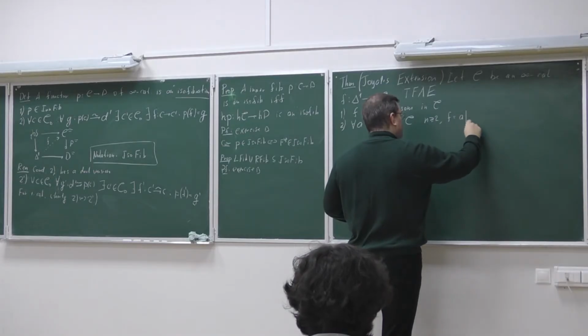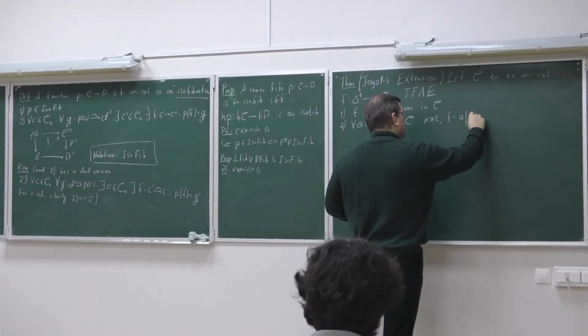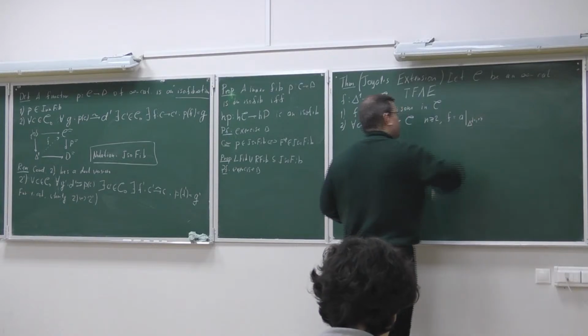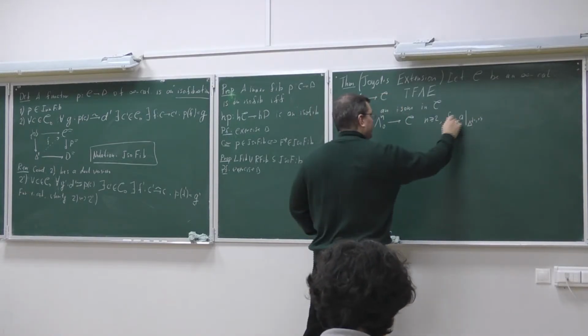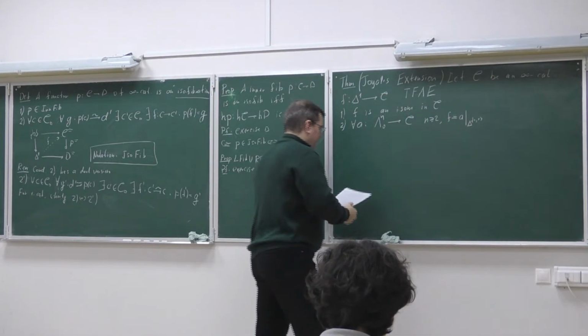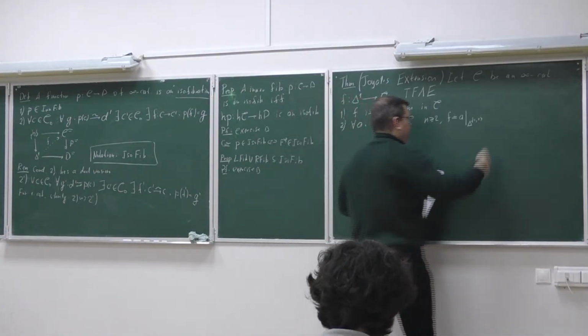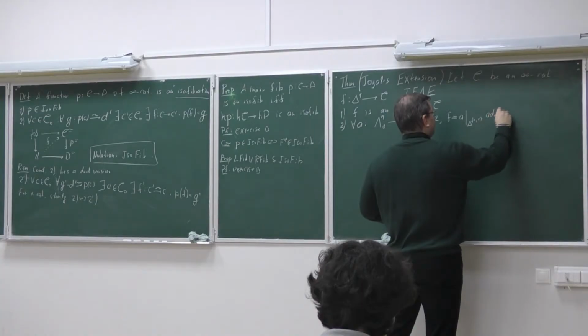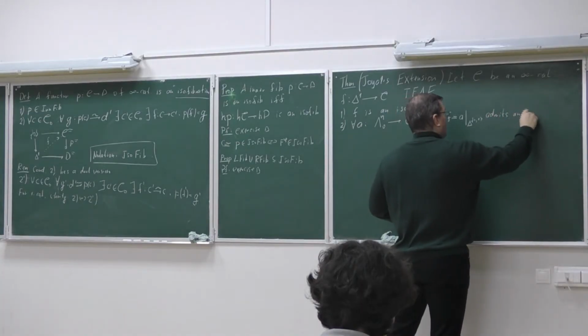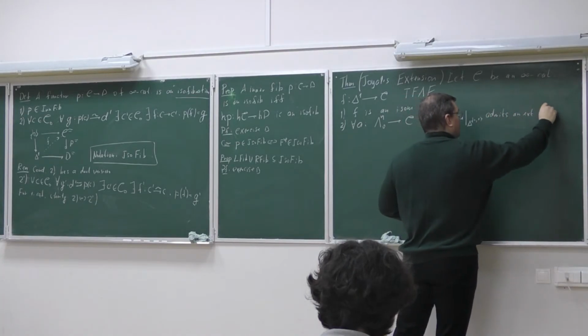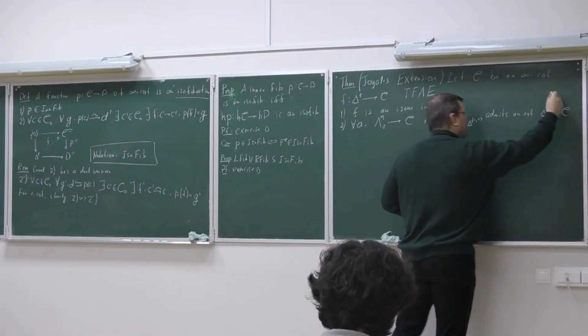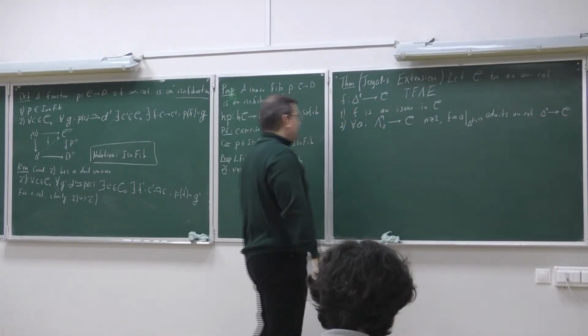So A restricted to the one simplex delta 0,1 is f. Any such left horn admits an extension to delta n, which is mapped to C. So extension to the whole standard simplex.